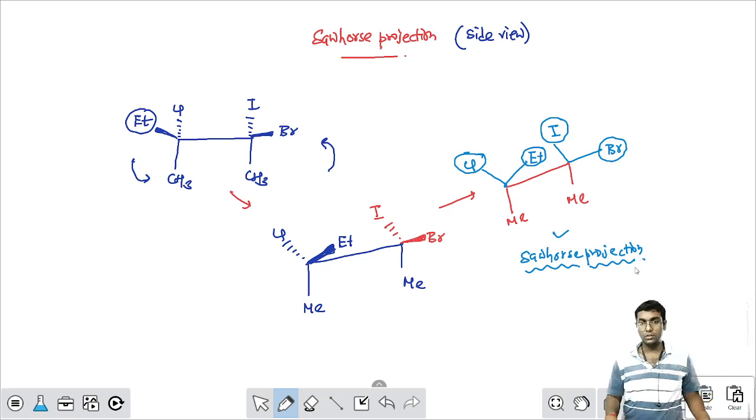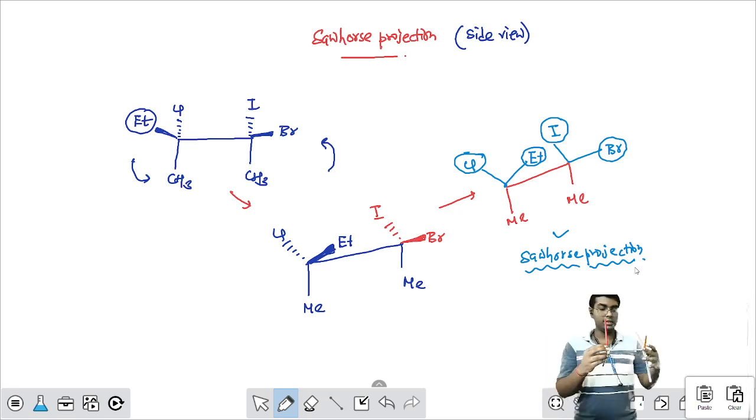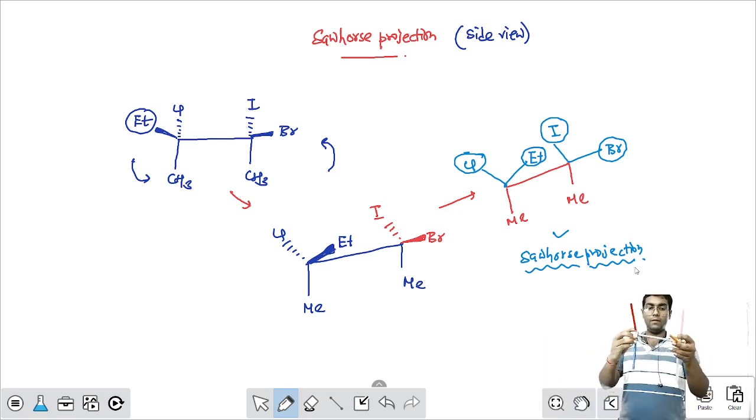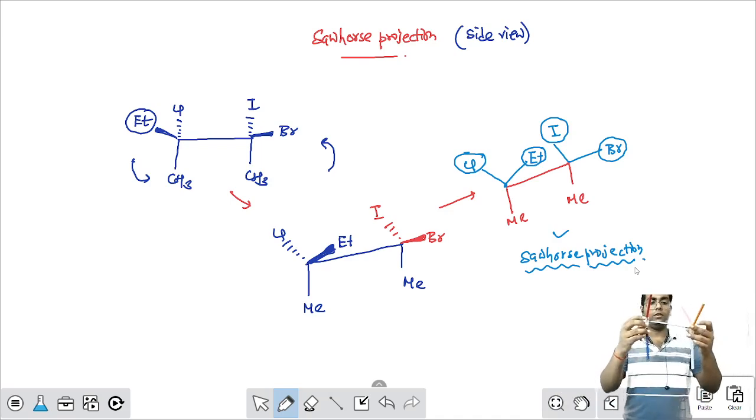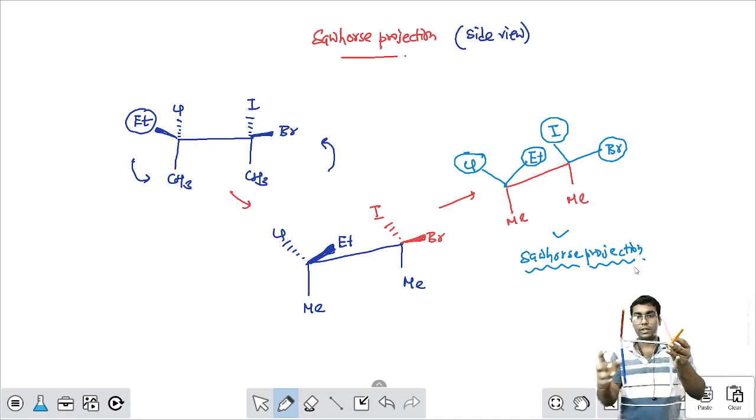Okay, so let's look into the model and it will be clear. Let's now try to visualize it. Let's suppose it is a tetrahedral geometry, and this carbon is also a tetrahedral geometry.